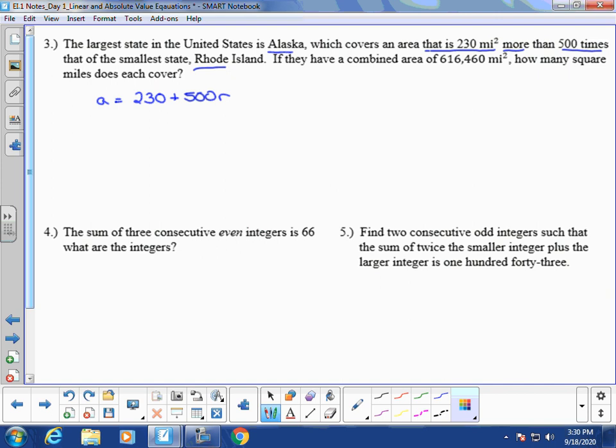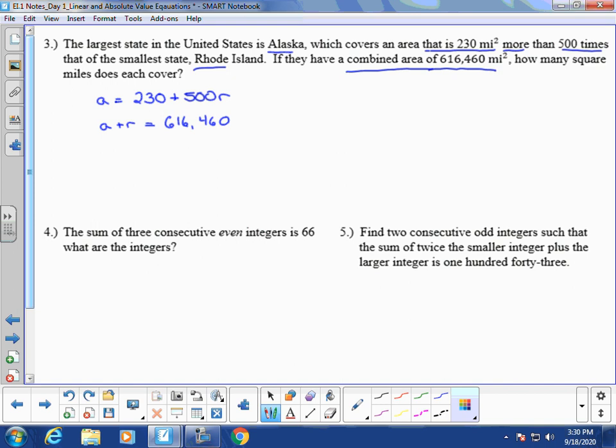Now, that's not an equation that we can solve for Alaska in terms of a numeric value. But if we go a little bit further, they have a combined area of 616,460. So what that means is A plus R, Alaska and Rhode Island together have 616,460 square miles of coverage. So we have two equations here. Neither one can be solved by themselves.